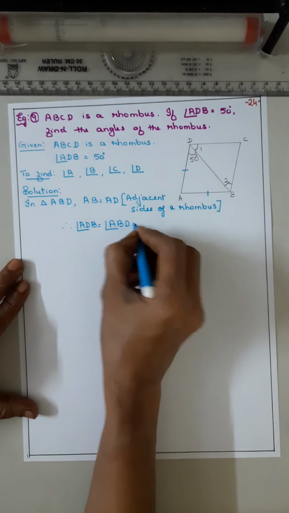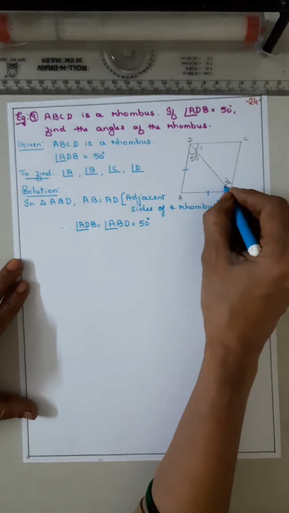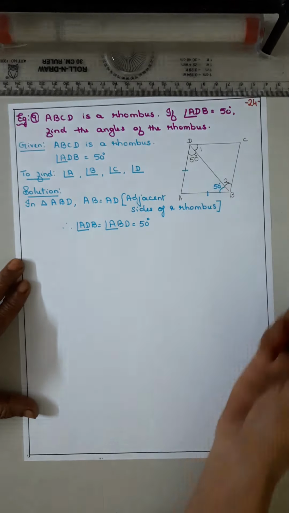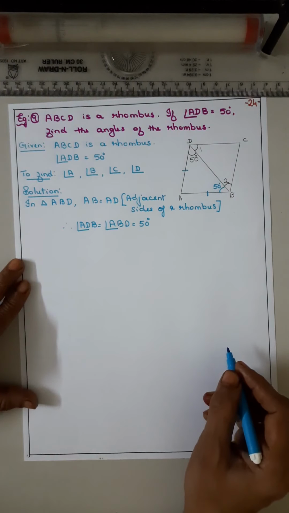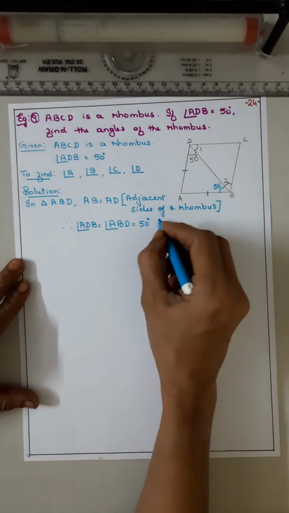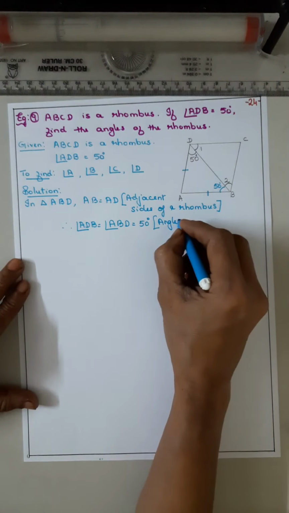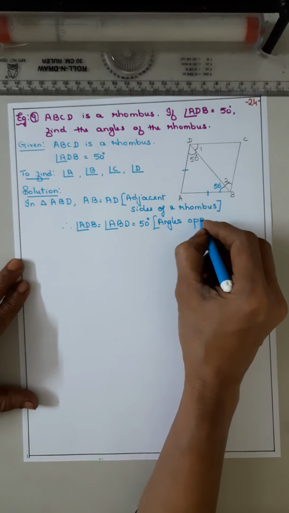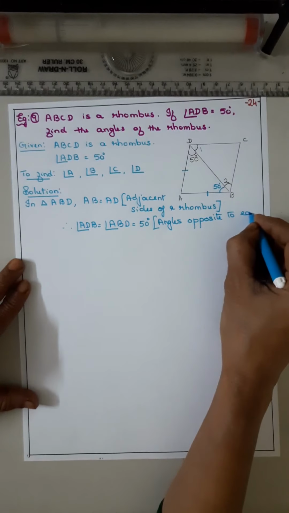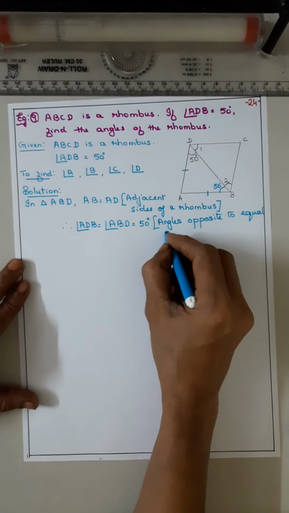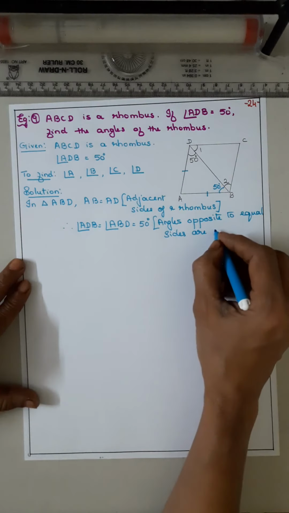Already ADB is given, so this also becomes 50 degrees. Now, what is the reason? Angles opposite to equal sides are equal. Isosceles triangle, isn't it?